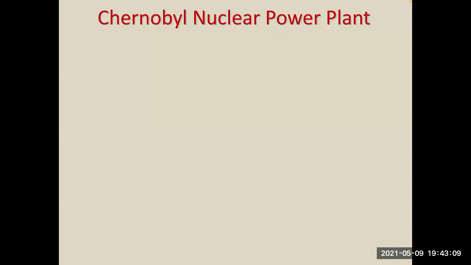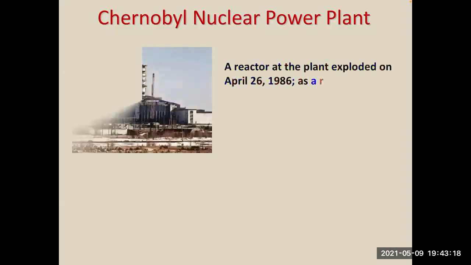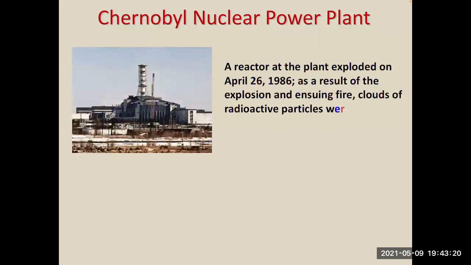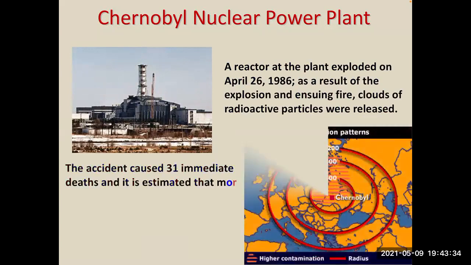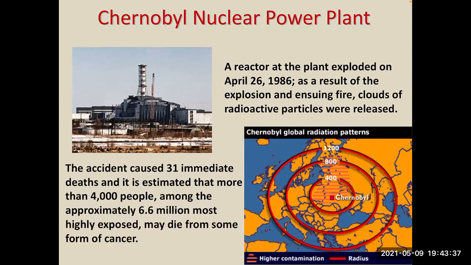I spoke about how we had experience with uncontrolled chain reactions. The Chernobyl nuclear power plant is a prime example of that. It is a reactor that exploded in 1986. As a result of the explosion and fire, clouds of radioactive particles were released. The accident caused 31 immediate deaths, and an estimated more than 4,000 people among the approximately 6.6 million highly exposed may die from some sort of cancer.